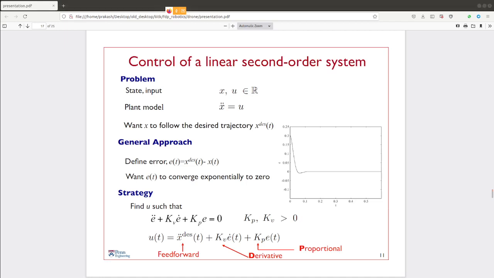Can anyone answer? What should be the relation between Kp and Kv? This is something we have discussed in the previous class.